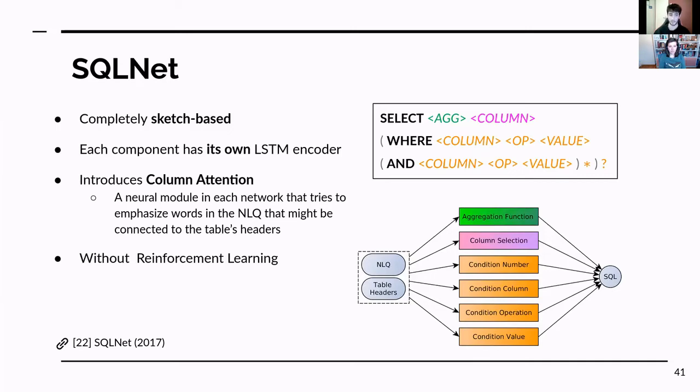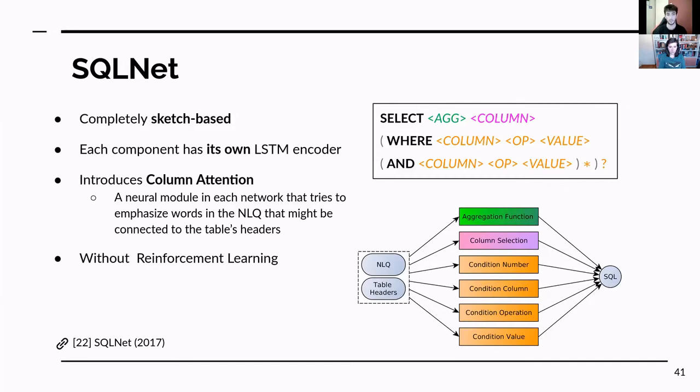So it has a network that predicts how many conditions will be in the where clause. A second network predicts which columns will be present in the where clause. A third network predicts which operators will be present in the conditions of the where clause. And the fourth network predicts the value of each condition.